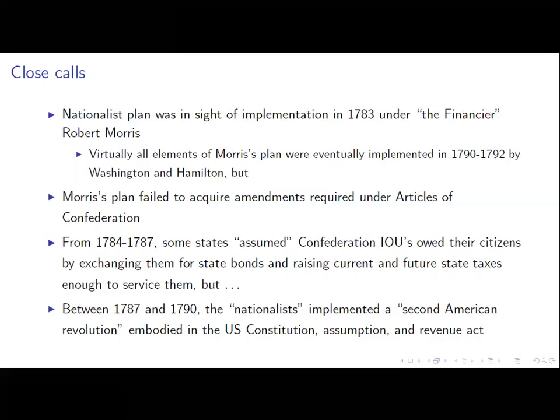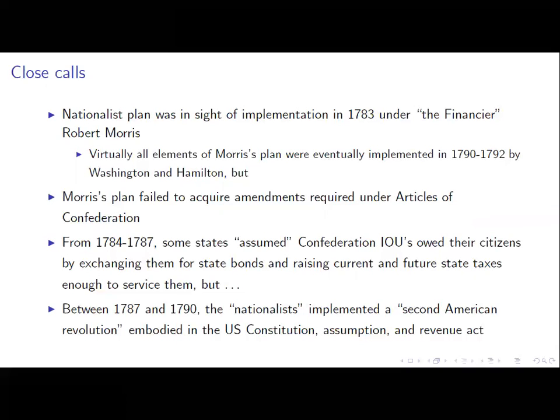It would have required an amendment to the Articles of Confederation, and it gets blocked by Rhode Island. Rhode Island is a small state with a big port, and it is doing quite well under the Articles of Confederation and has no great desire to give that up. So the plan to get national revenue ultimately fails. It gets held up by Rhode Island.